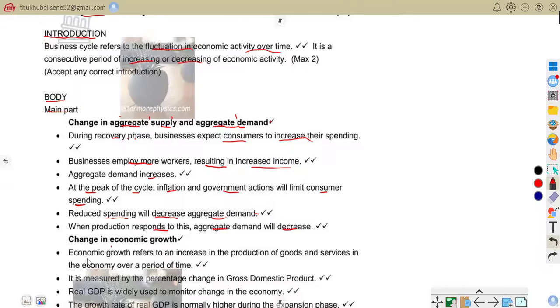Economic growth refers to an increase in the production of goods and services in the economy over a period of time. It means the economy produces more goods and services. For example, a country produces more food, cars, and technology this year than last year. Hope you're together on that.